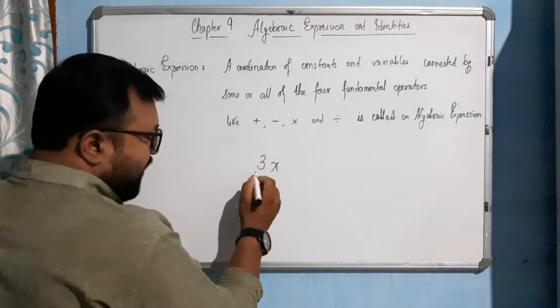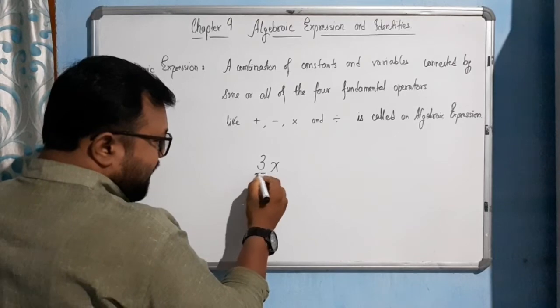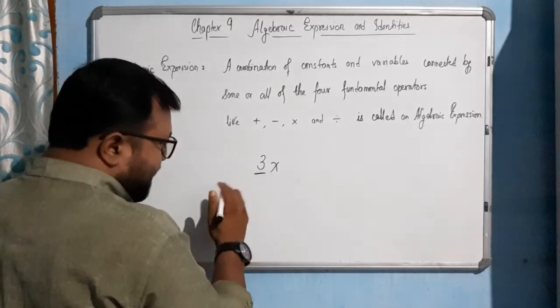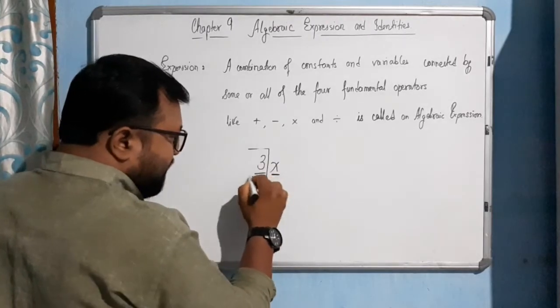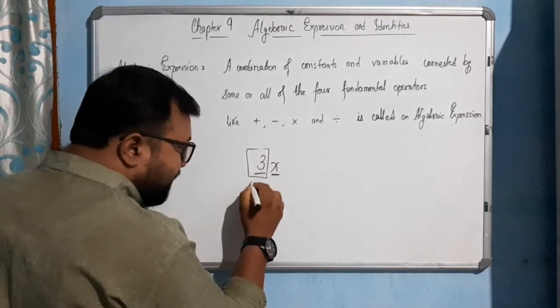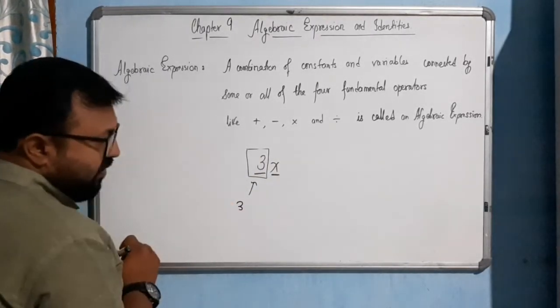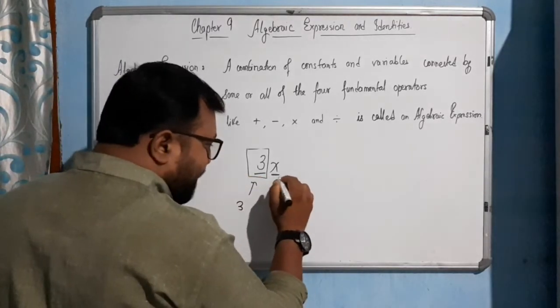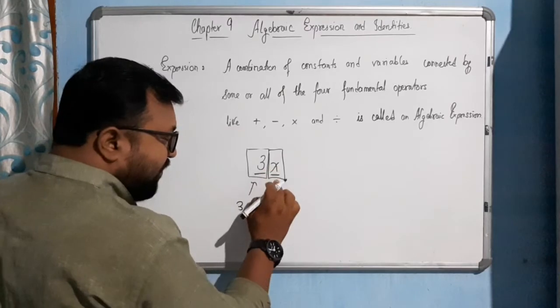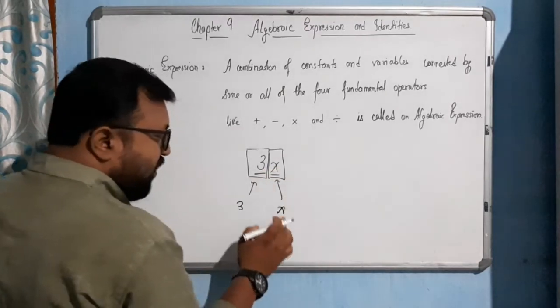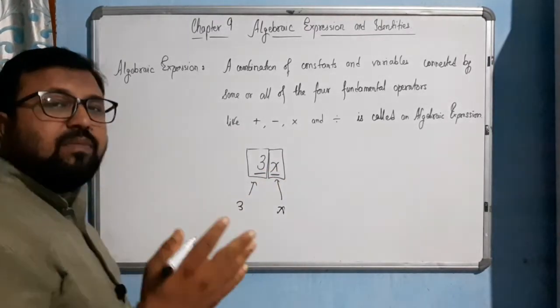Here 3 is a constant and x is a variable. 3 is a symbol having a fixed value, and x is also a symbol, and we call it a variable because it may acquire any numerical value.